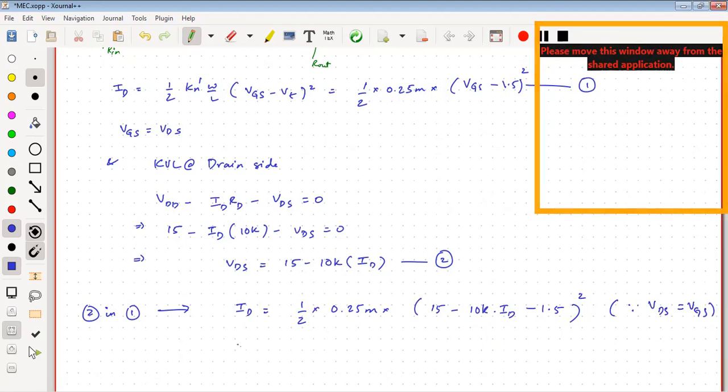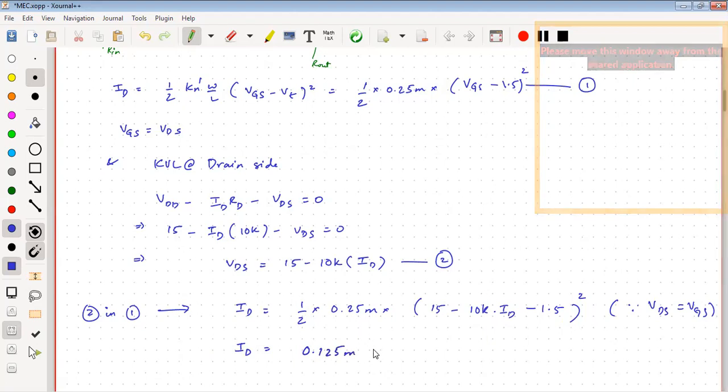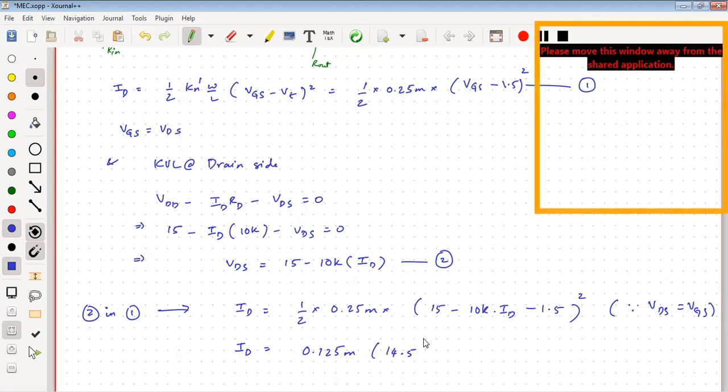Finally we get ID as 0.25 by 2, 0.125 milli into 14.5 minus 10 kilo into ID.